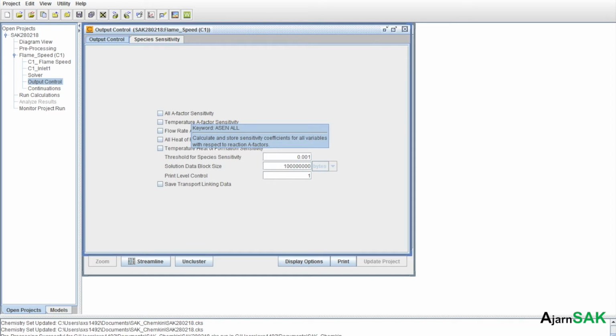So, for example, if you want to know about all the A factor sensitivities, what is a factor? For example, you have a reaction step, A plus B gives you C plus D. You have 3 parameters: A, B, and activation energy.